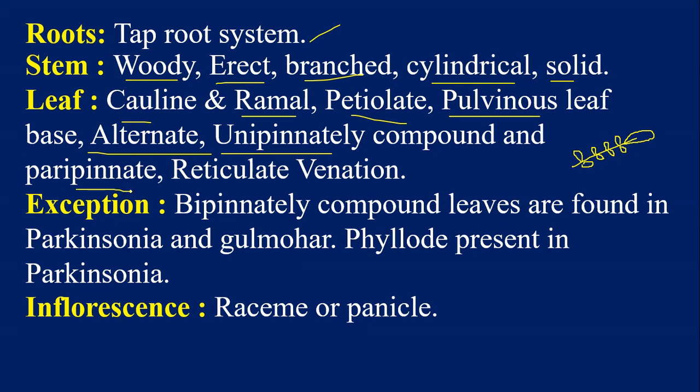Unipinnately compound leaves may be classified into two types, paripinnate and imparipinnate. Here they are given as unipinnately compound because only one main axis is there.